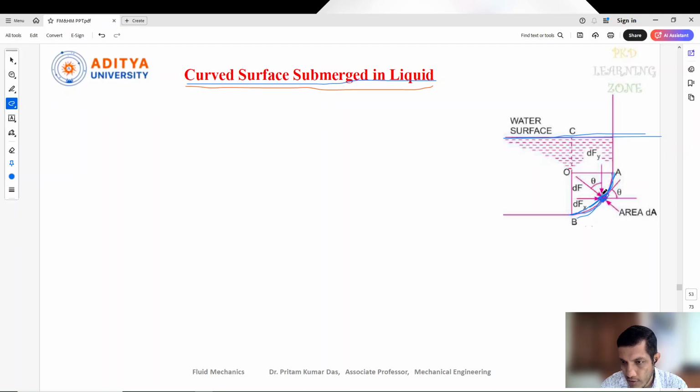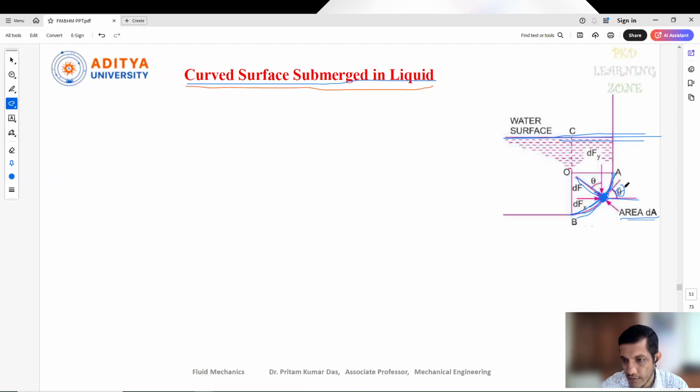The area of that small object is dA, and the force acting on that object is dF. This force will always be normal to the object, and it makes an angle with the surface, an inclination of theta.